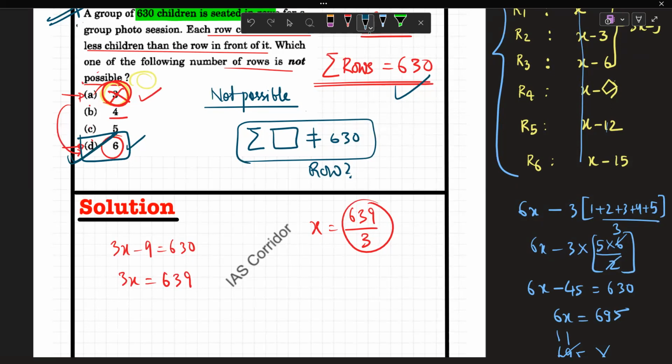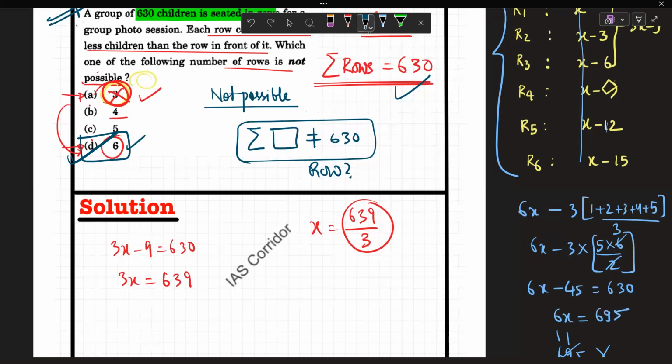Understood the question? Long story short, the number of students is given to you. There is a condition: after every row, 3 students decrease, and it has asked you how many such rows can be possible. Is it a possible case of number of rows?